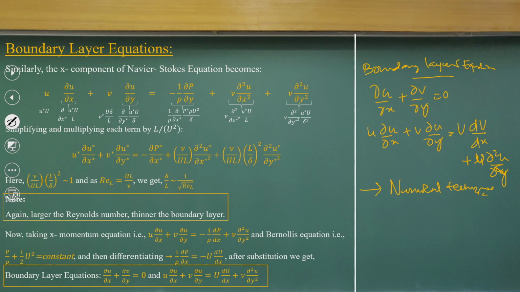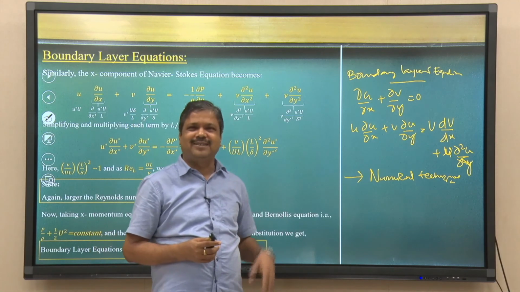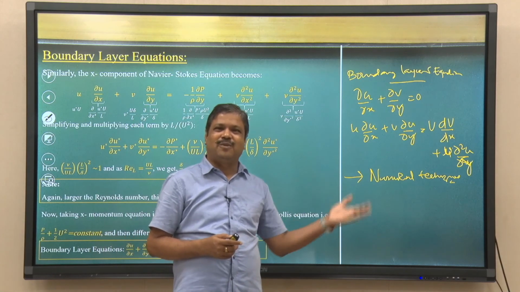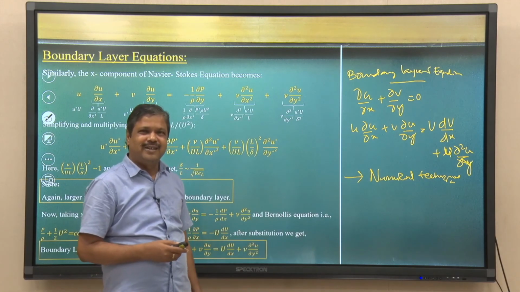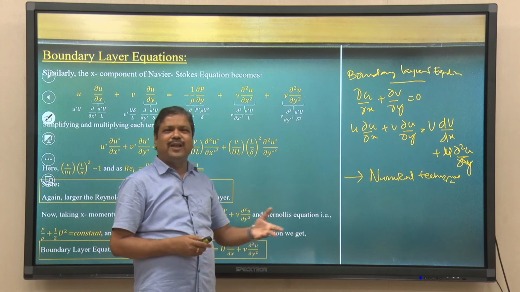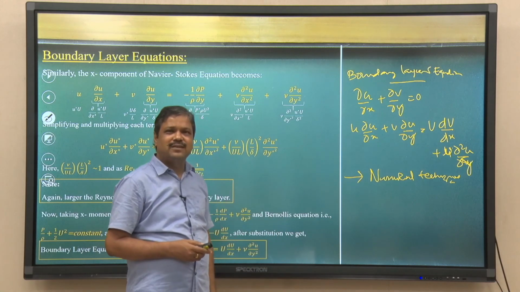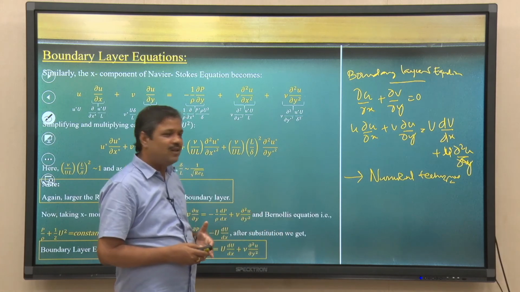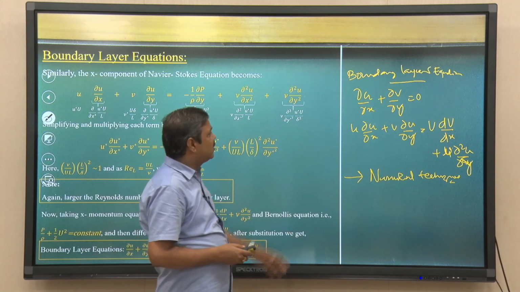It is not a big thing, because today a lot of numerical tools are there. It is not like the concepts of almost 70 to 80 years back, or almost 100 years back. Today we have a lot of numerical techniques, and you can easily solve these equations as compared to Navier-Stokes solvers.